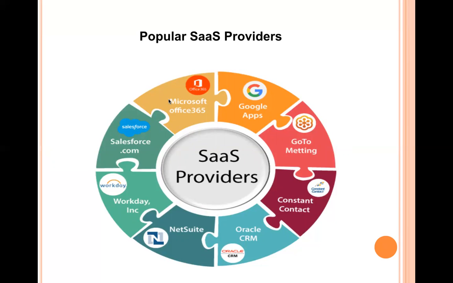Google Apps are Gmail, Google Calendar, Docs, and Sites. GoToMeeting provides online meeting and video conferencing software. Then Constant Contact provides email marketing, online surveys, and event marketing. Then Oracle CRM provides CRM related applications. And Workday provides human capital management, payroll, and financial management systems. So these are the popular SaaS providers.